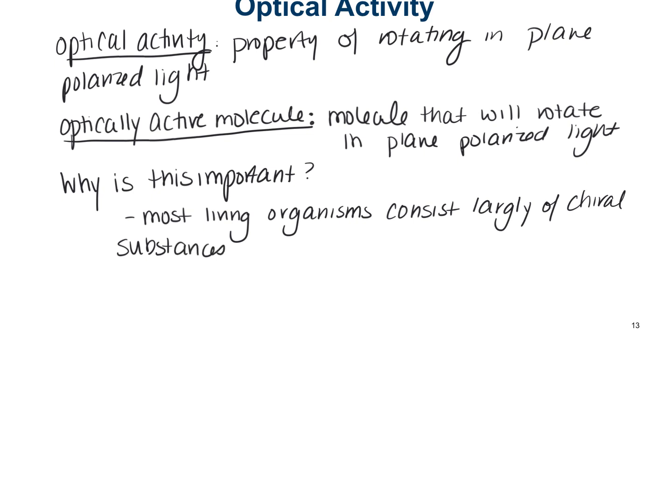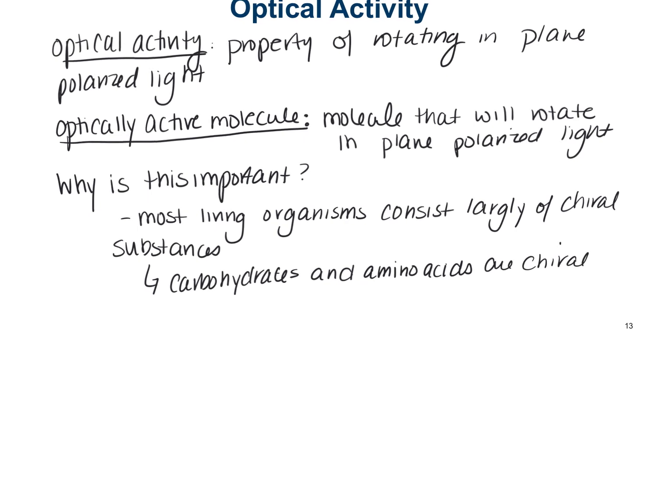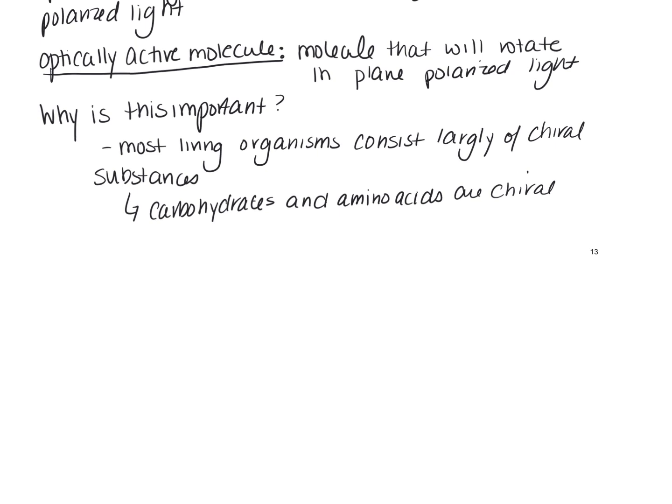So, most of the compounds in natural systems, including biomolecules like carbohydrates and amino acids, are chiral. So, carbohydrates and amino acids, which we're going to talk about in the protein chapter. And although these molecules can, in principle, exist as a mixture of stereoisomers, quite often only one stereoisomer is found in nature.